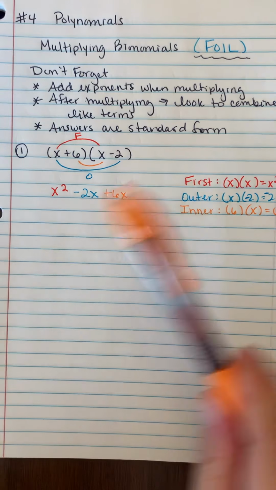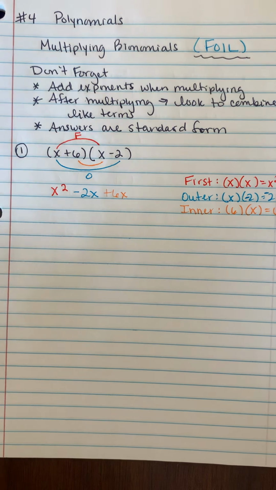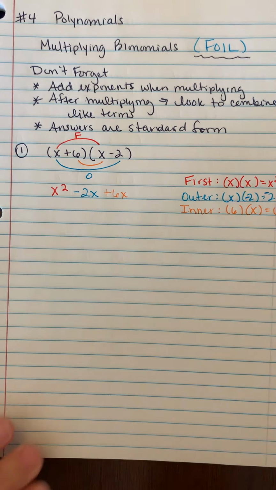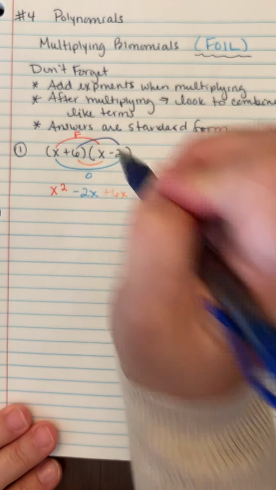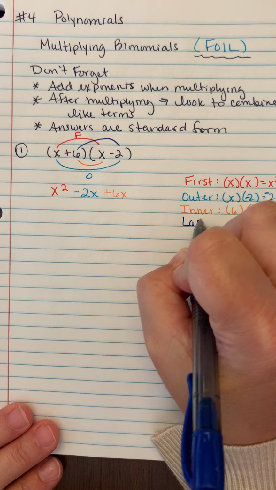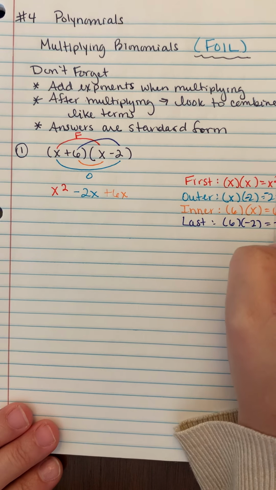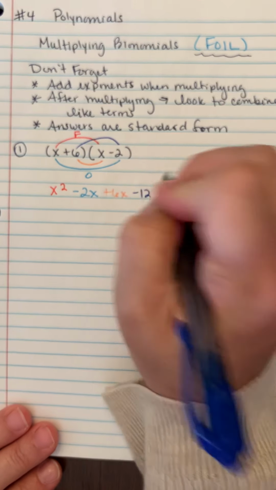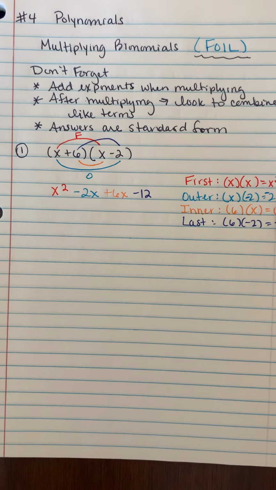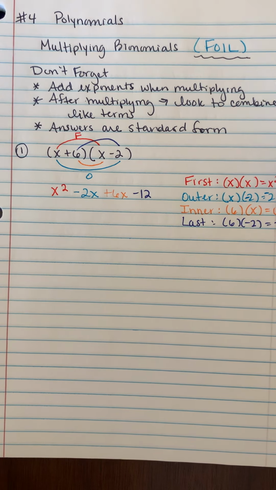Now you have the L, which stands for last. So that is our last thing that we are going to multiply. So that is going to be the 6 times negative 2. And 6 times negative 2 is negative 12. I've color-coded this and wrote this over here for you so you can see where things are coming from.